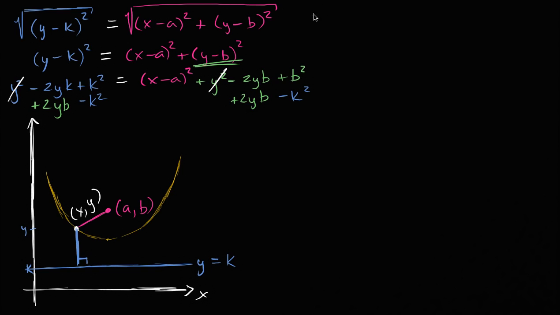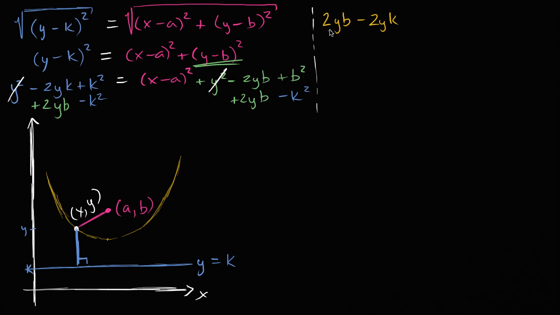So what is this going to be equal to? And I'm trying to run into my graph, so let me give myself a little bit more real estate over here. So on the left-hand side, what am I going to have? This is the same thing as 2yb minus 2yk. Let me just write that down. That's going to be 2yb minus 2yk.